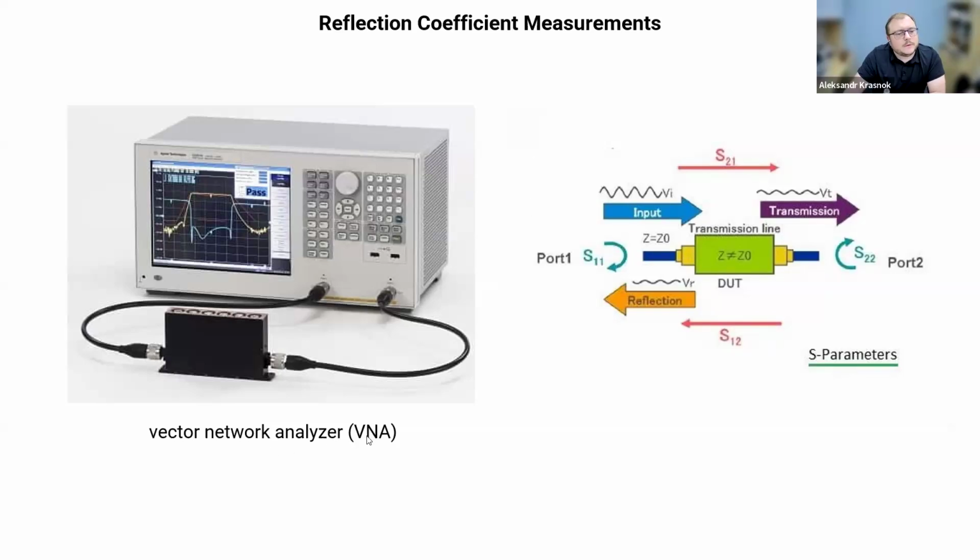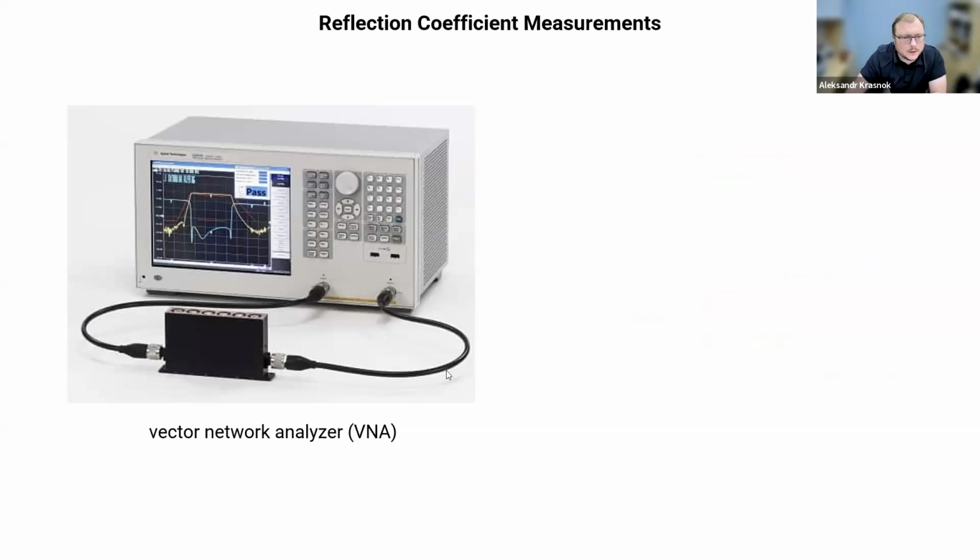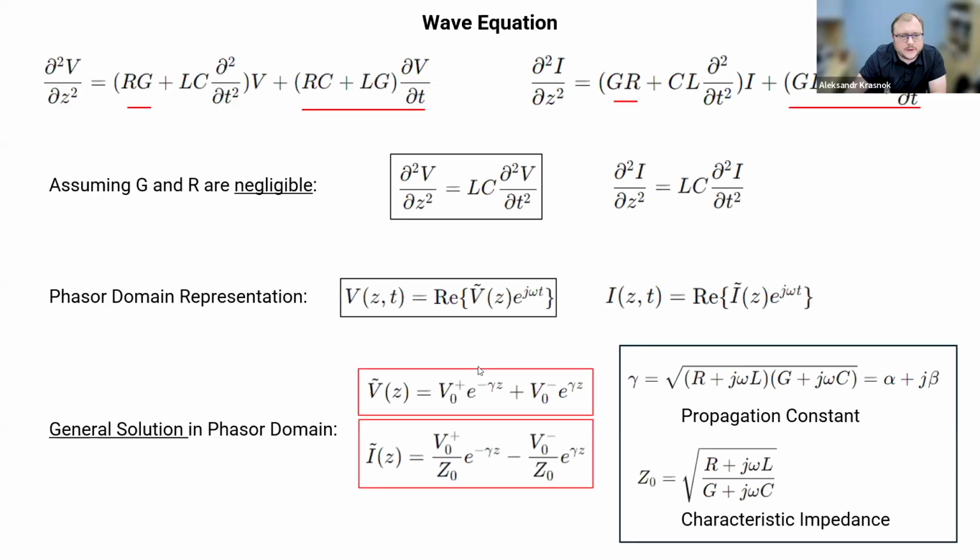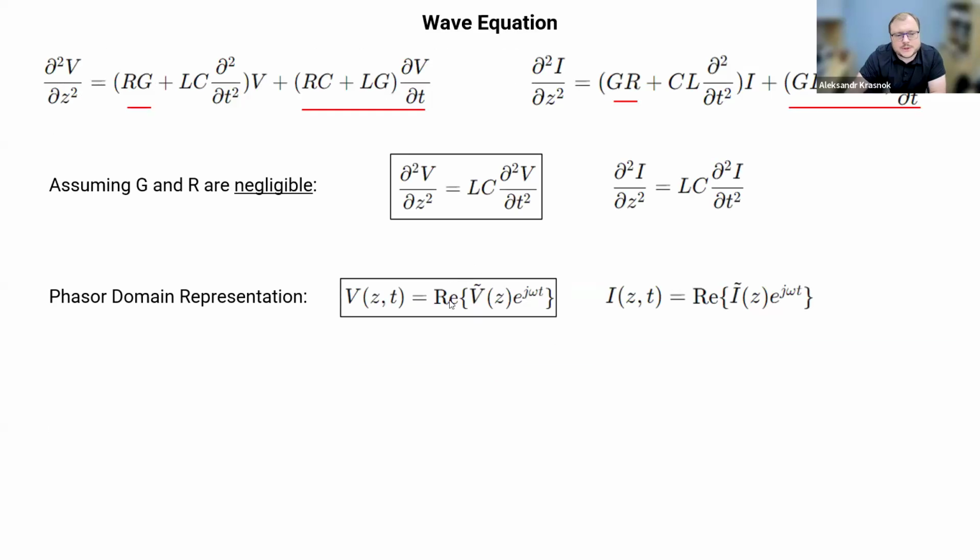This letter V here, it's a vector network analyzer. So basically, it means that this device can measure the phasor, the entire information about the phasor. The phasor represents a vector in the complex plane, which has magnitude and phase.